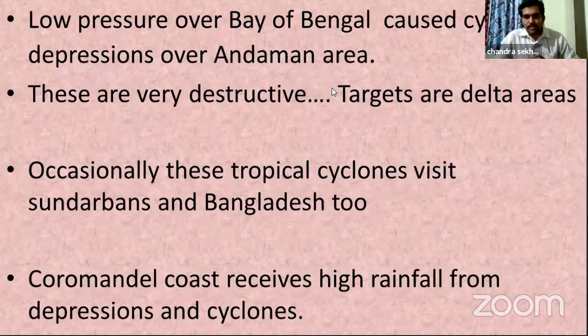Low pressure over the Bay of Bengal causes cyclonic depressions over the Andaman area. So in the northeast monsoon season, we experience cyclones. Every year we experience cyclonic effects, because the low pressure over the Bay of Bengal causes cyclones. We discussed that winds always blow from high pressure areas to low pressure areas. In October and November, there is a low pressure in the Bay of Bengal.